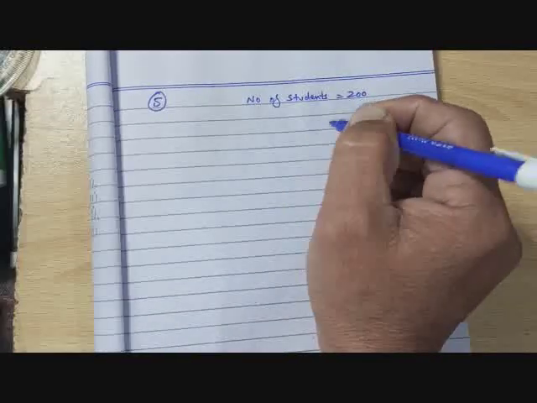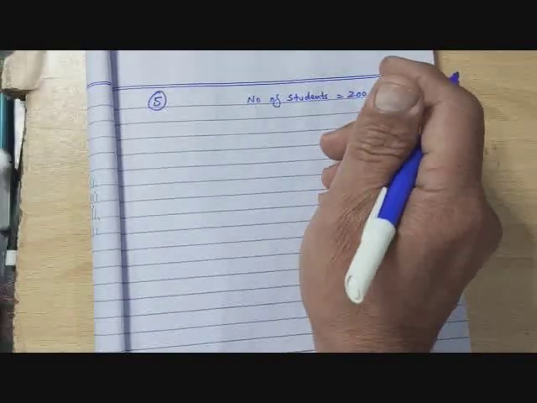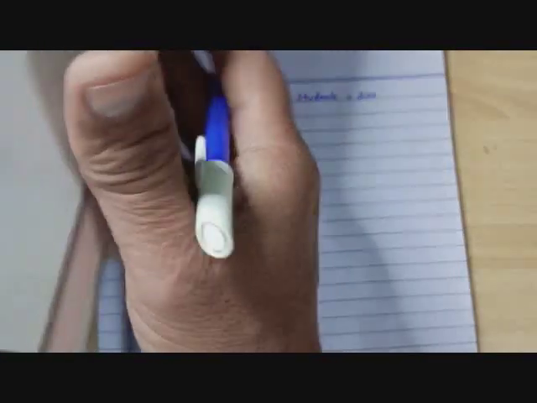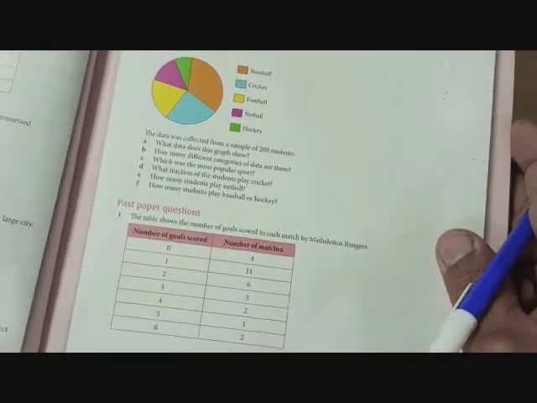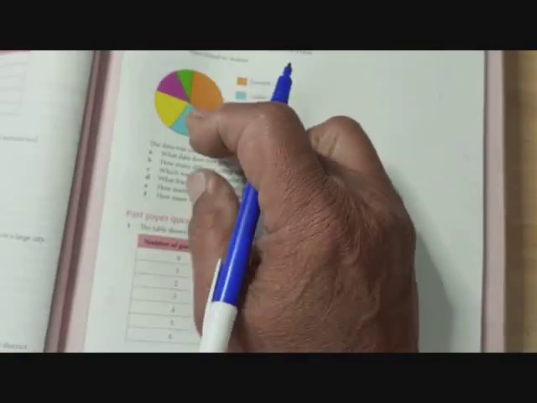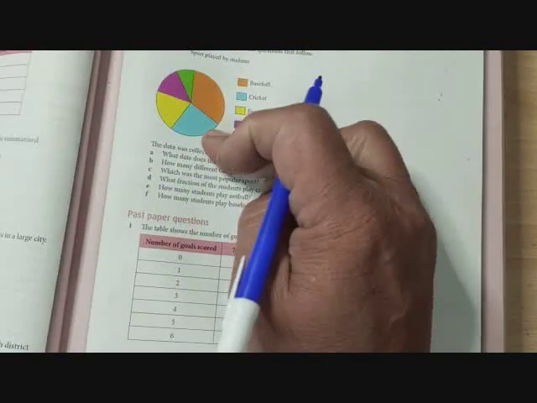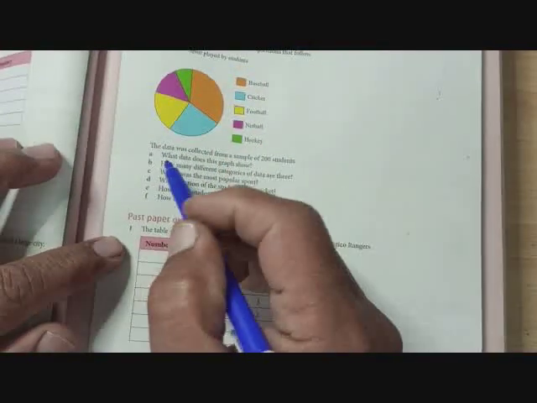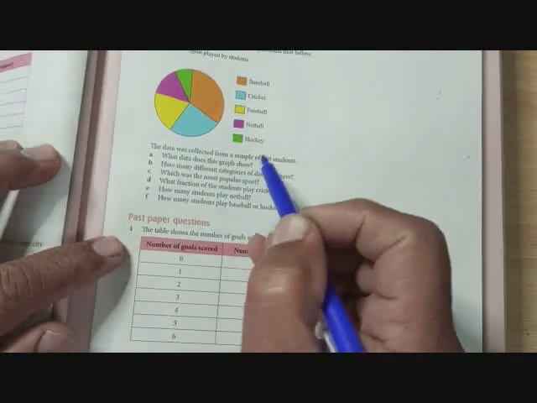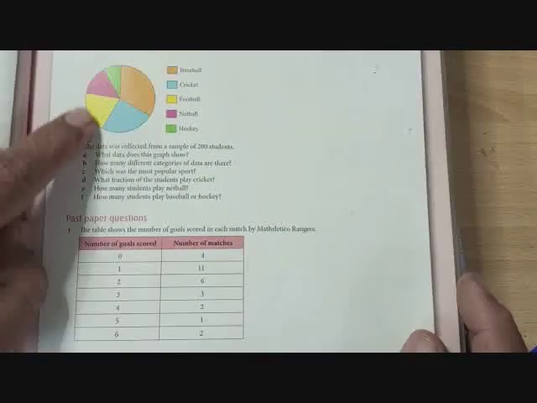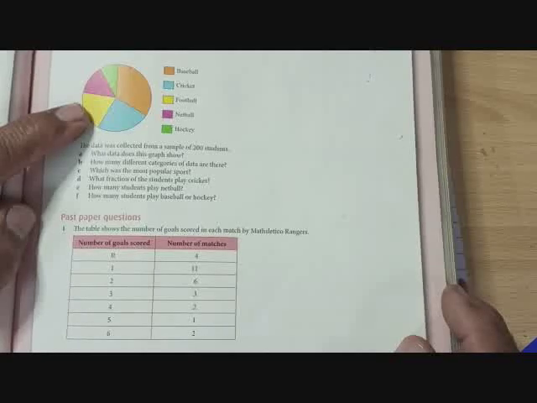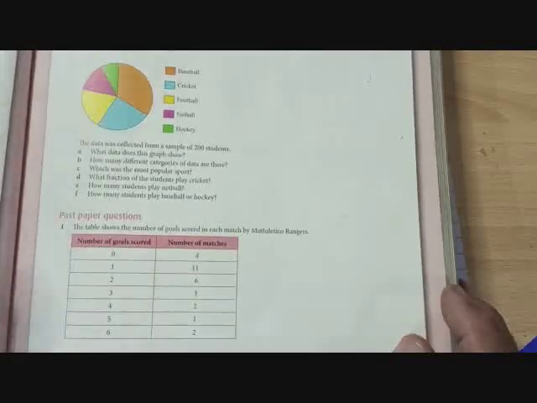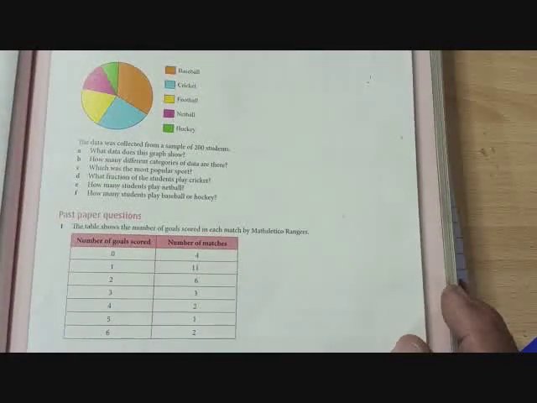This is a pie chart. You see that this is a pie chart. Here's the key. Here are the questions. The first question, A, is: what does this graph show? This is a pie chart, and pie charts are very commonly used in sports.